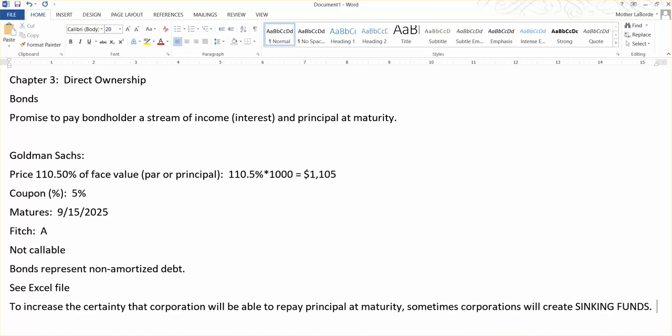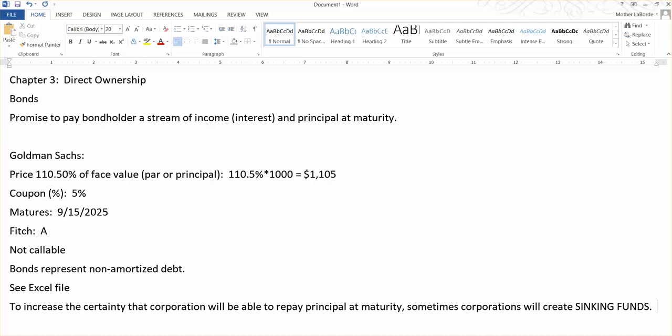Basically it's just an account that they will sink money into, typically every time they make an interest payment, because that's all they're obligated to make to their bondholders at that point in time. But to increase the certainty they'll have all that principal, let's say $100 million in Goldman Sachs's case, they will deposit money into that account or fund.